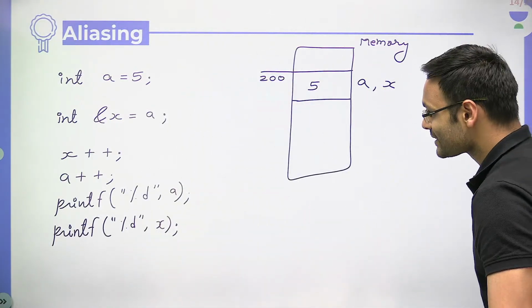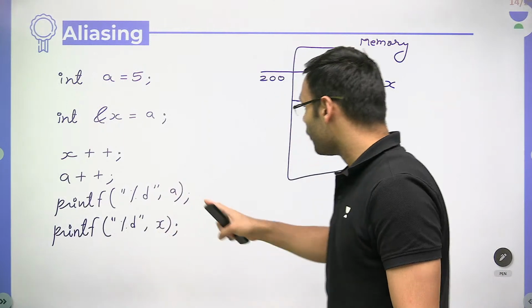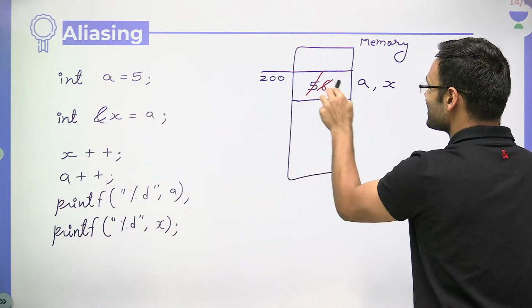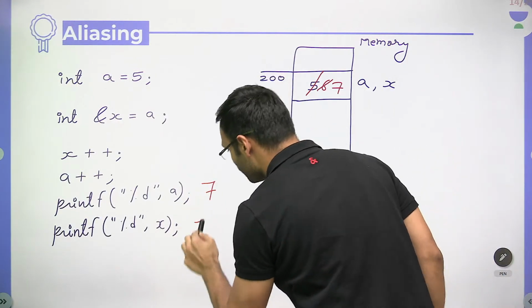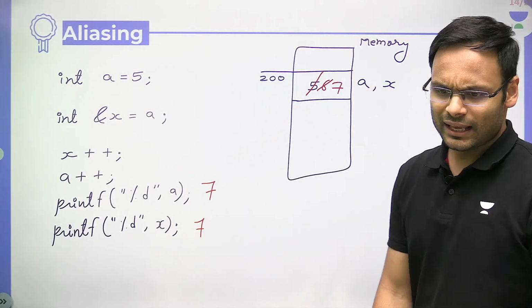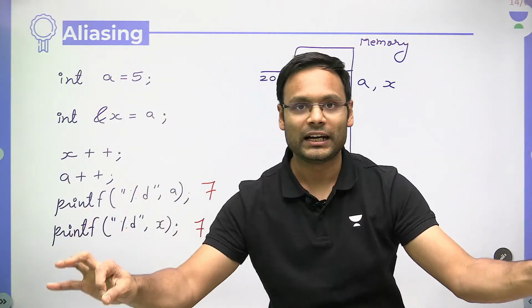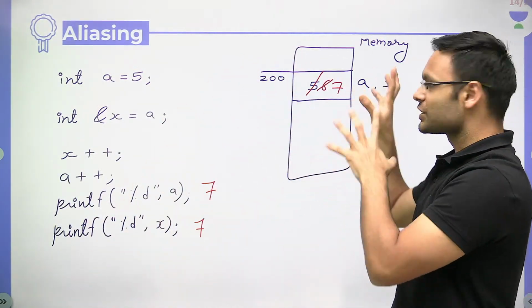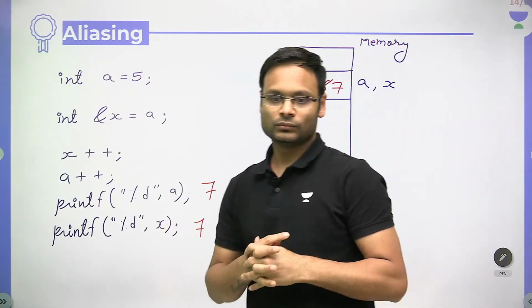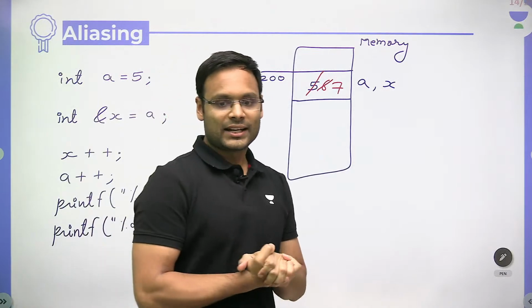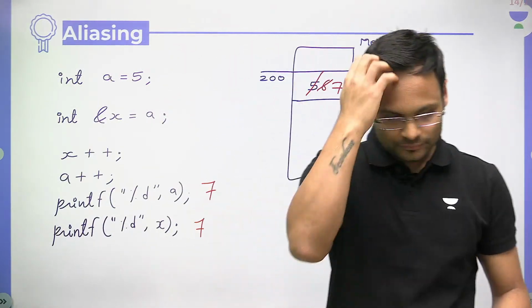So if you print the value of a after it is increased and increased, it becomes 6 and then 7, it will print 7. This is aliasing. a or x, just two different names of the same memory location, the same variable. That is called aliasing.